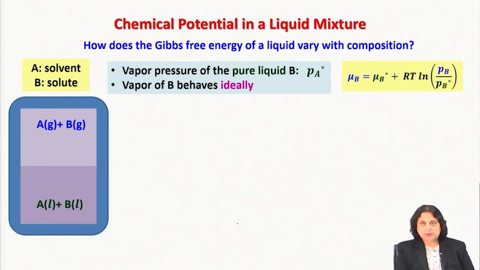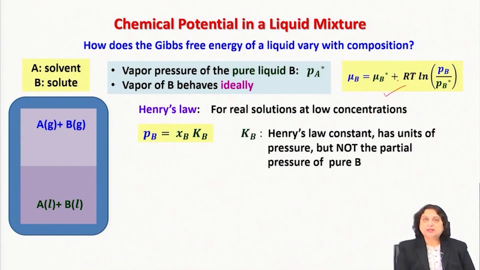Now, we have also talked about the behavior of the solute. So, following the same argument, we can say that mu B is mu B star plus RT ln PB by PB star. But Henry's law tells us that here PB, that is the partial pressure of the vapor of the component B in the vapor phase above the solution, is not proportional to PB star.